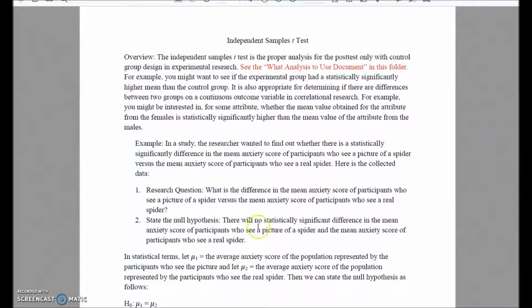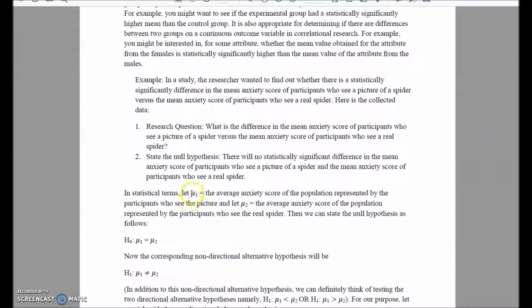So if we look in terms of symbols, remember mu is the symbol for the population, and we are making inference about the population from a sample. So mu1 is the average anxiety score of the population who see the picture. It is a sample from a huge population and they have only been shown the picture.